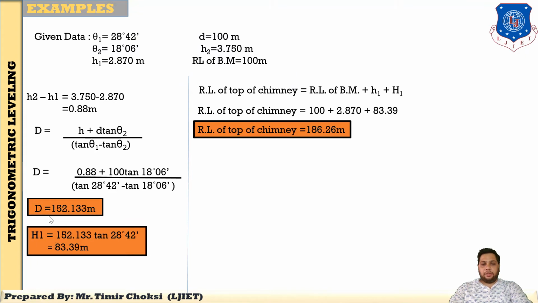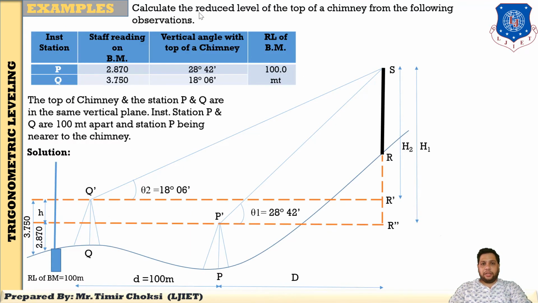So directly, H1 equals D tan theta 1. So H1 equals D, 152.133. Put the value of D and you get the answer for capital H1. So this is our second value, H1. Then you find the RL of the top of the chimney, because our main goal is to calculate the reduced level of the top of the chimney.